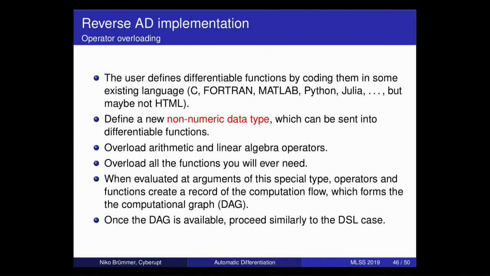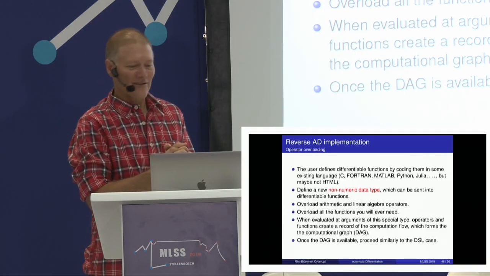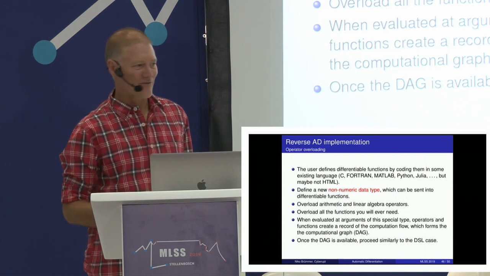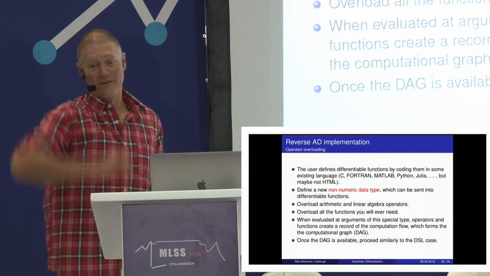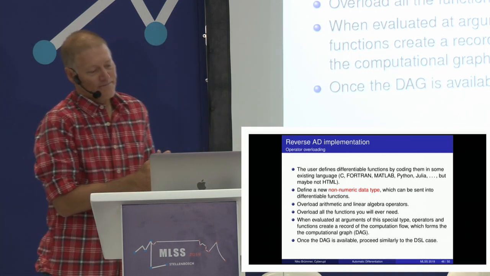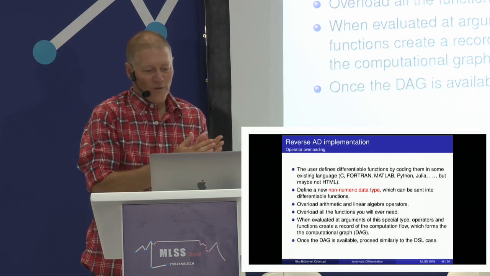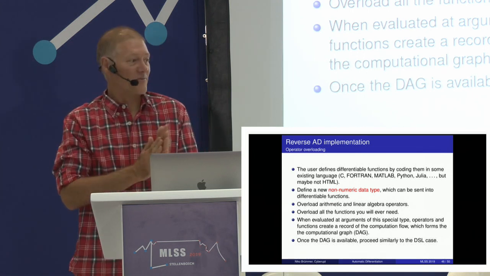Also, it won't work for if statements because at the time when you send in that special argument, it's not going to look at numbers, so it's not going to know about which way to go in the if statement. So it has limitations. So anyway, once the DAG is available, you can do the same stuff you can do with the domain-specific language.